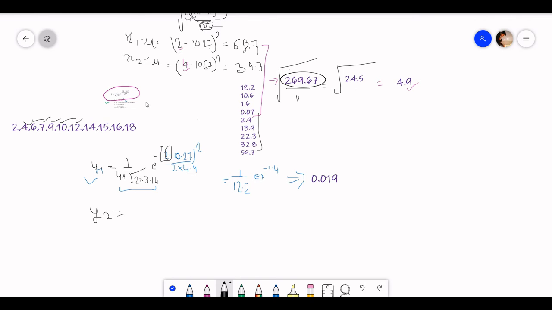I'm writing it directly over here. It will be equal to 12.2. I'm solving this exponential. After putting a 4 over here, we get exponential minus 0.7. So after finding this value, we have 0.03.